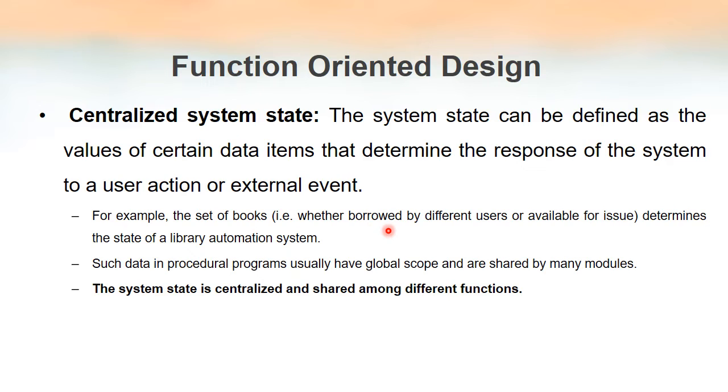So it is the number of books that determines how this library automation system must work. So this entire automation system depends upon the set of books. That is known as centralized system state. So these are the core features of function oriented design.